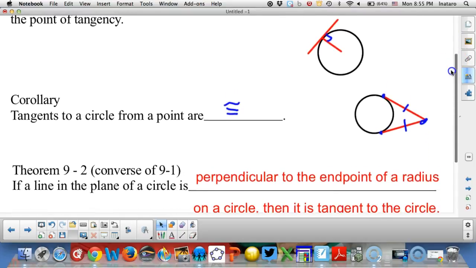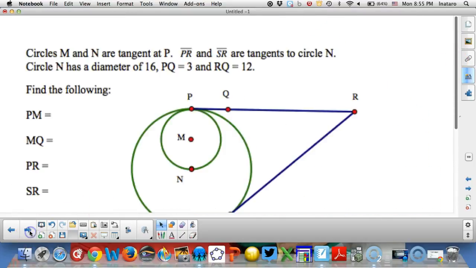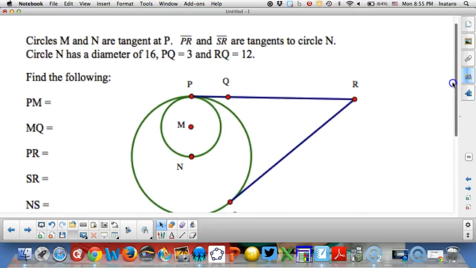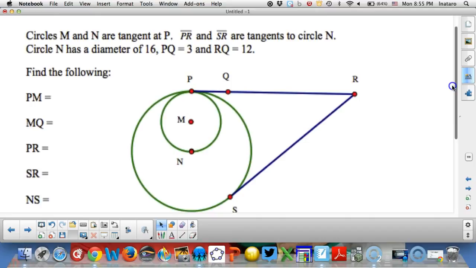Please flip it over to the back of your handout of notes and try to do this problem. Circles M and N are tangent to each other at point P. So M is the center of the small circle, N is the center of the larger circle.